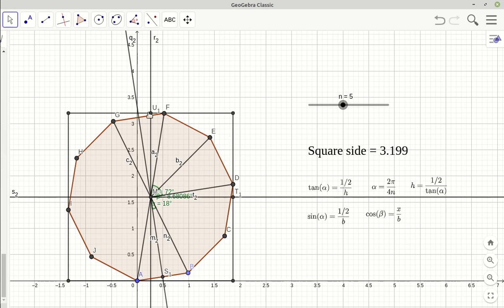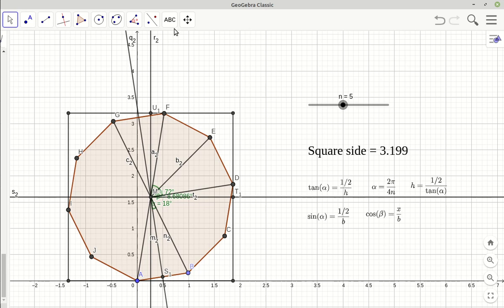So in general we have n minus 1 divided by 2 isosceles triangles here. So the top angle is n minus 1 divided by 2 times this one top angle of the isosceles triangle, which itself is 2 pi divided by 2n.